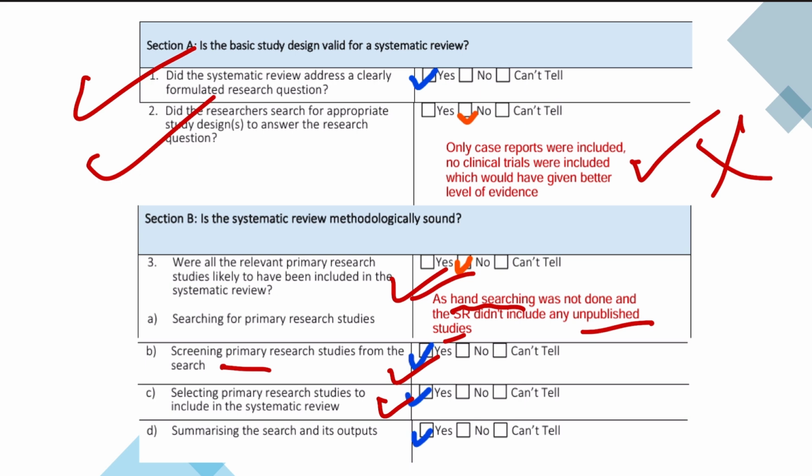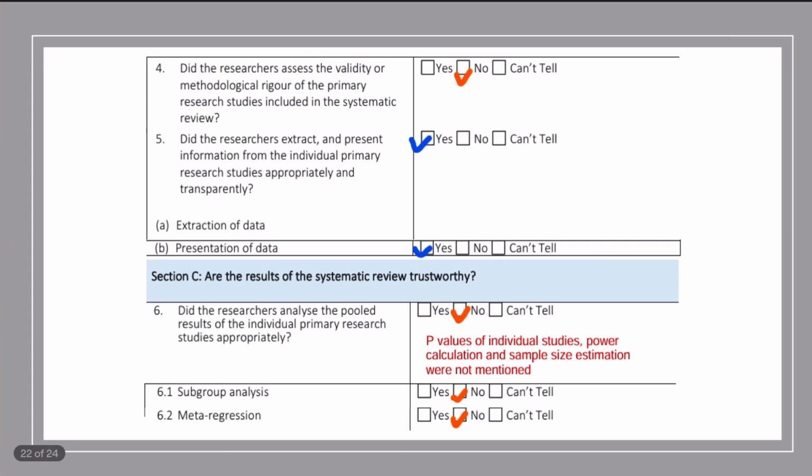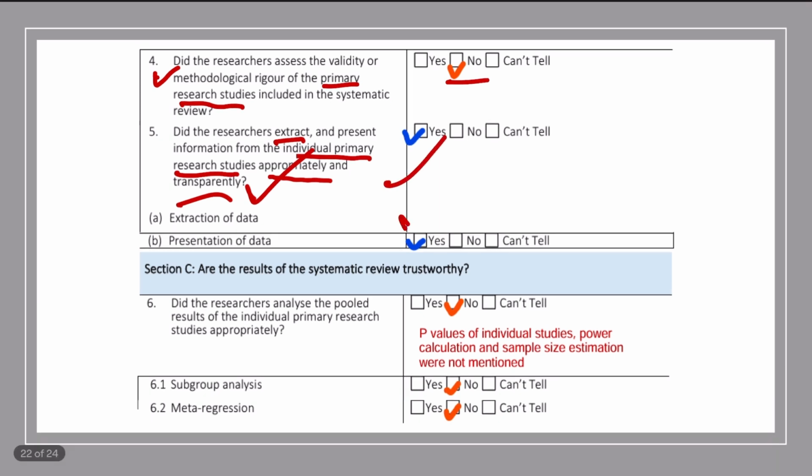Summarizing the search and its output, that is also done. Then, did the researchers assess the validity or methodological rigor of the primary research studies? No, they haven't measured that. Then, did the researchers extract and present information from all the individual primary research studies appropriately and transparently? Yes, presentation of data is done.